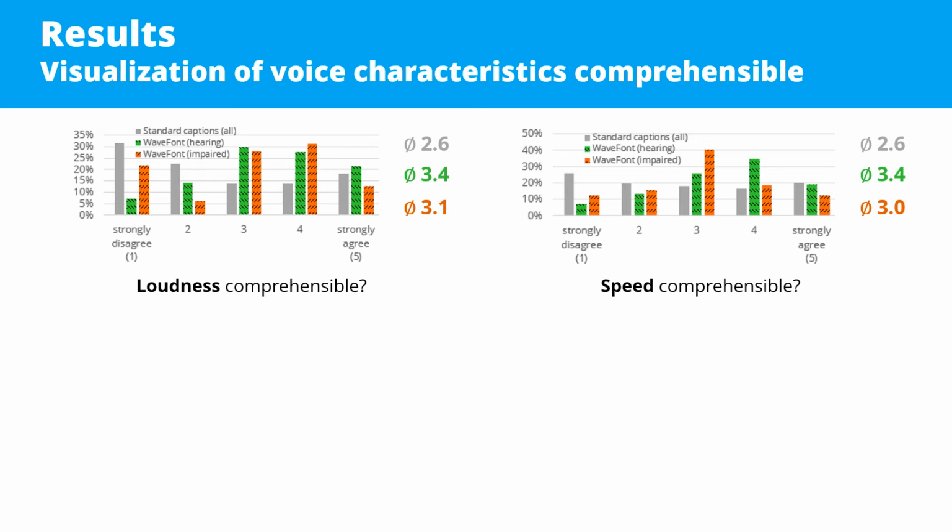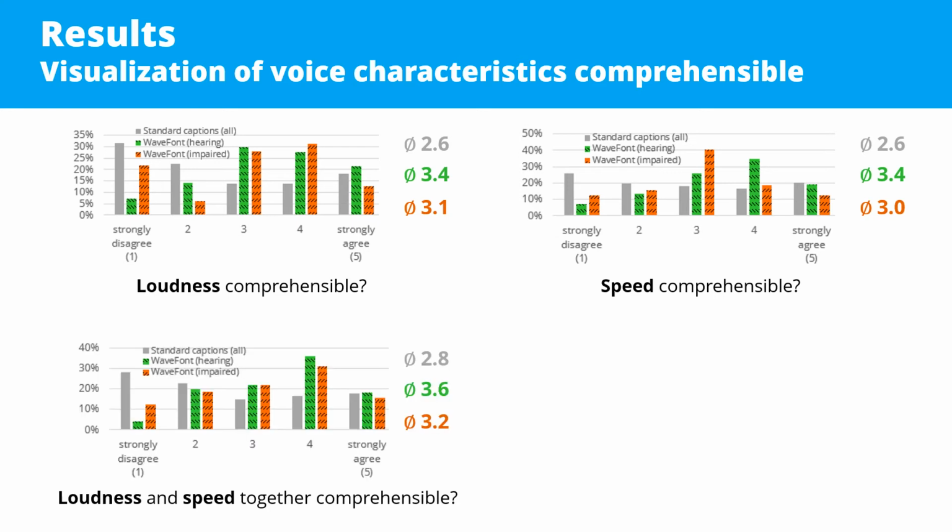While loudness and speed in the standard captions were each rated with an average score of 2.6, the WaveFont visualization was rated with 3.4 by the non-hearing impaired and 3.1 and 3.0 by the hearing impaired participants, which are relative improvements of 31% and 19%. The combination of loudness and speed was rated even better.